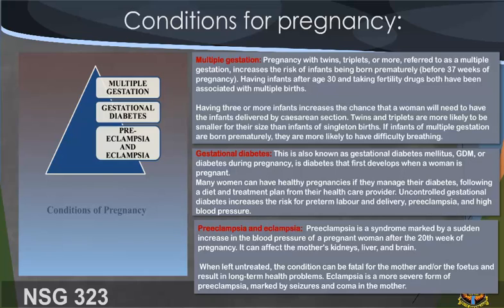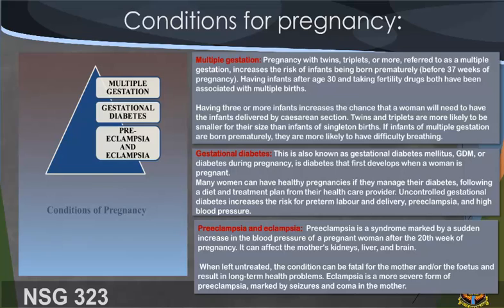Having 3 or more infants increases the chance that a woman will need to have the infants delivered by cesarean section. Twins and triplets are more likely to be smaller for their size than infants of single-term birth. If infants of multiple gestation are born prematurely, they are more likely to have difficulty breathing.